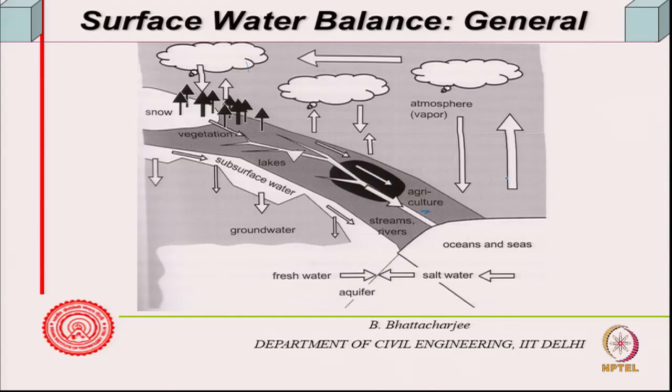Some would get vaporized, some goes to the subsurface water, groundwater, and finally water goes to the ocean and sea. That is basically the water balance, and subsurface water also finally reaches the ocean and sea.